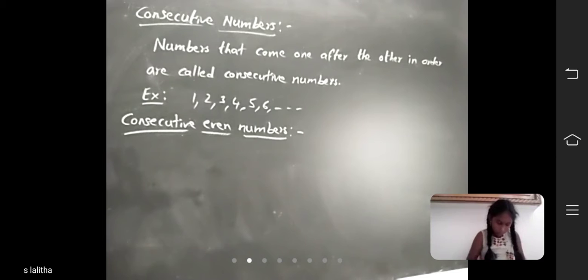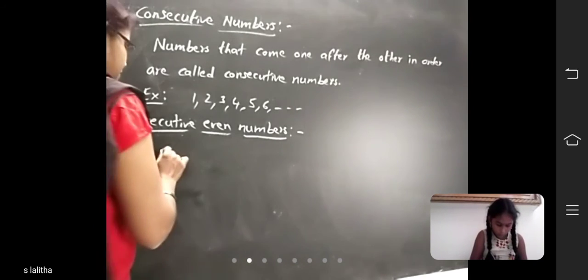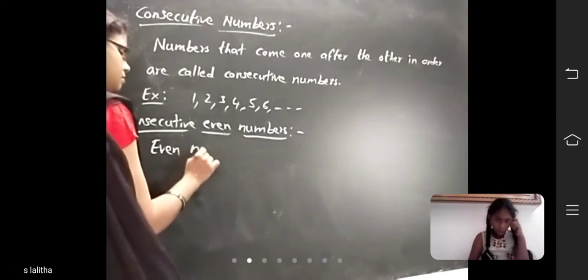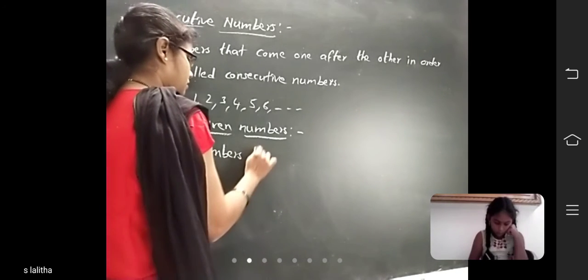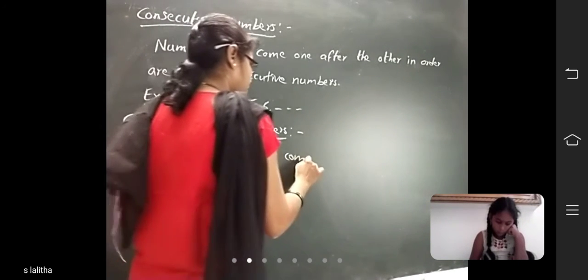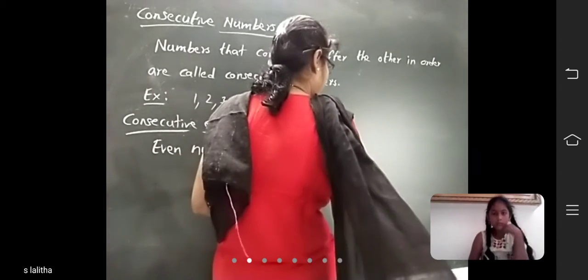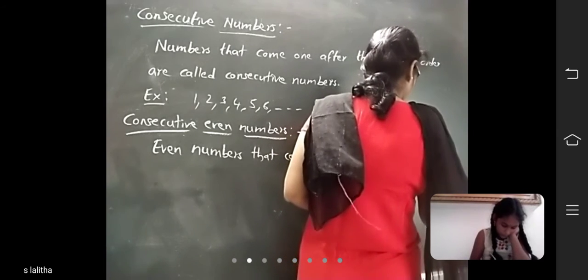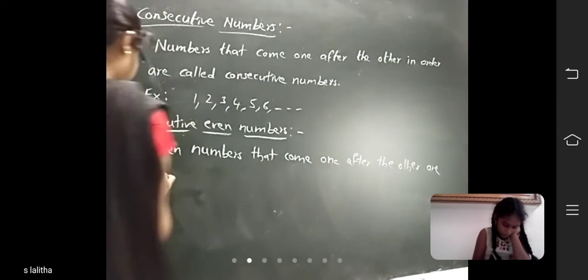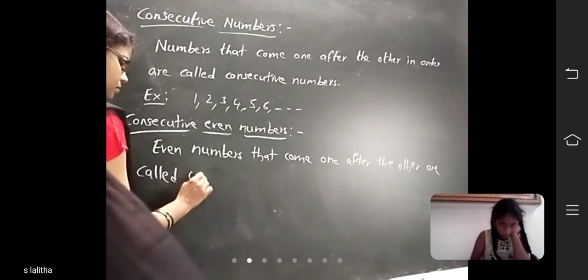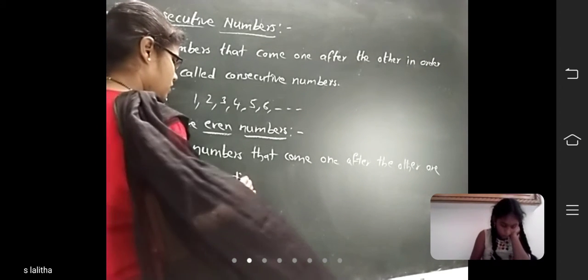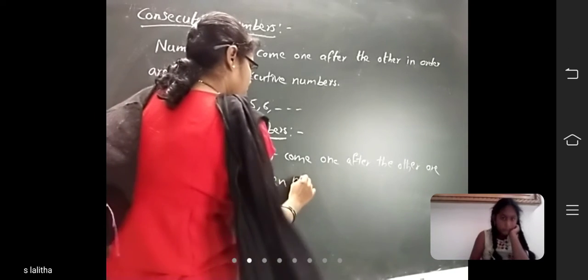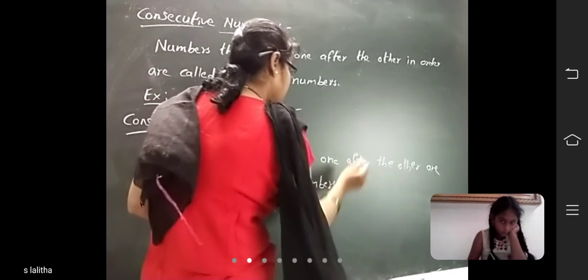So consecutive even numbers means even numbers that come one after the other are called consecutive even numbers. So what are called even numbers, children?